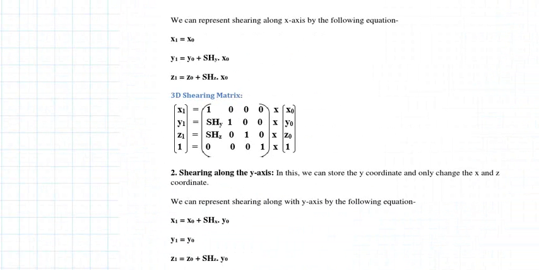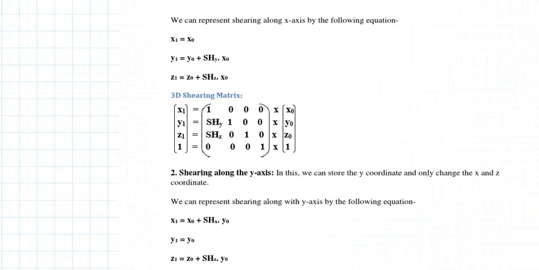So the assumption is that before you apply shearing transformation, your original coordinate values are x0, y0 and z0, and SHY and SHZ are the shearing transformation factors for y and z coordinates.